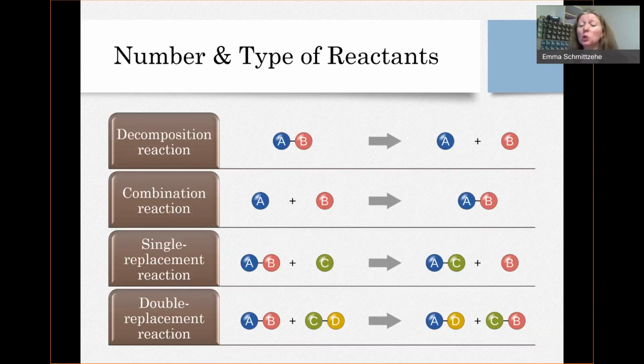If I have two compounds, they're probably going to fall apart completely and swap around completely into two new compounds. So sometimes you can just get an idea from how much stuff you have as well. But we'll talk about all these types of reactions a little more in depth in other videos.